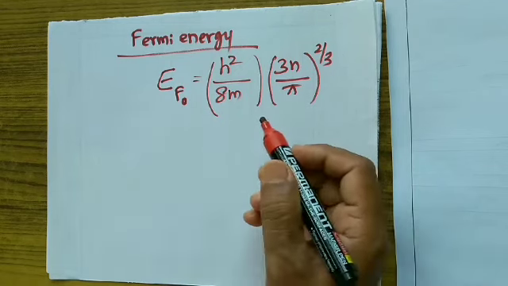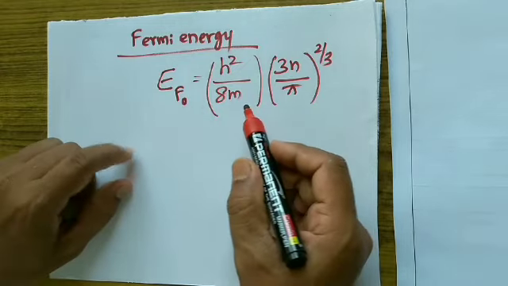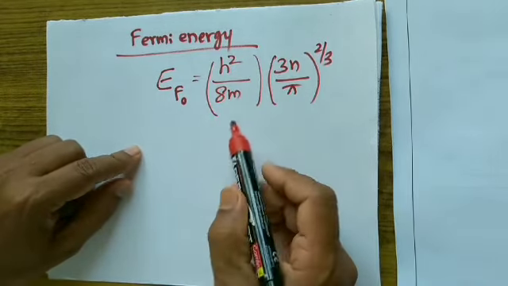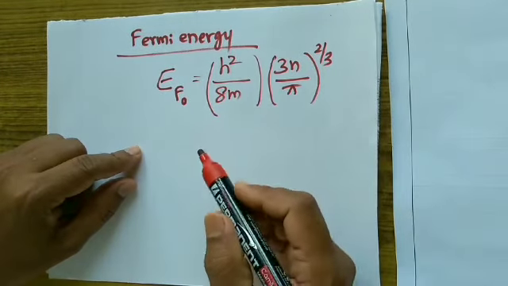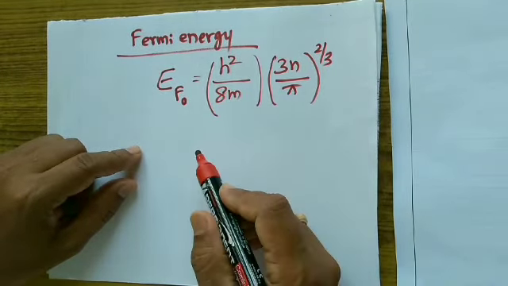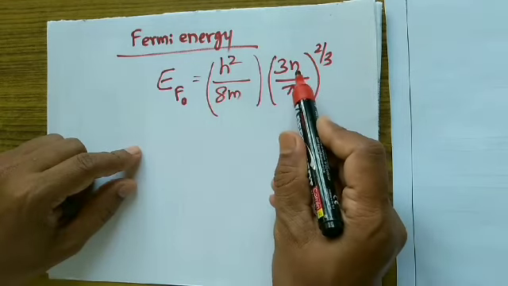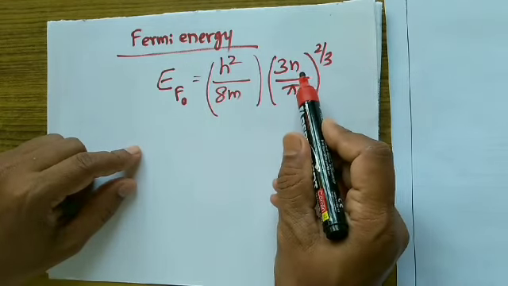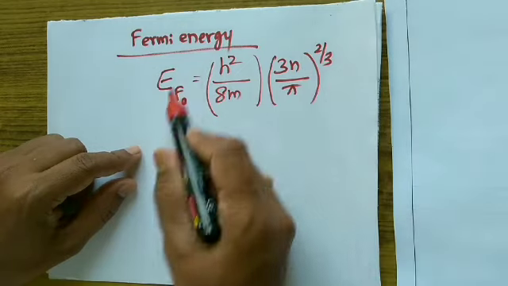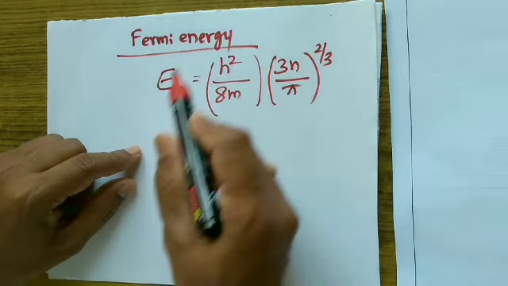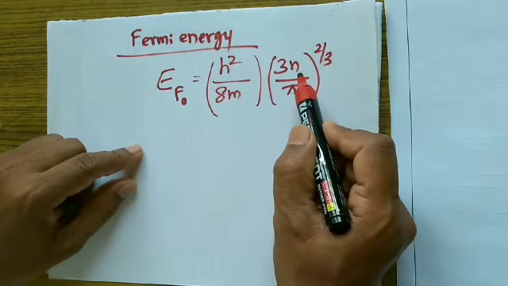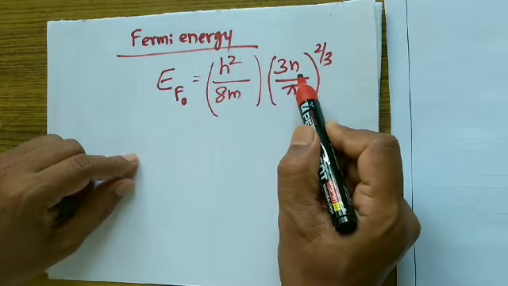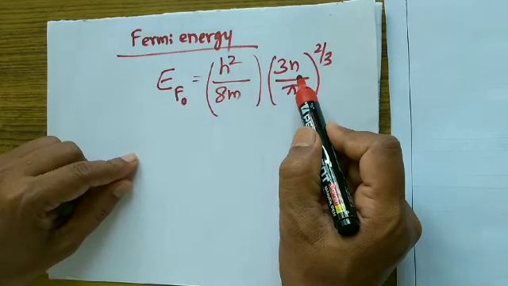Fermi energy at 0 degree Kelvin can be expressed using this relation. Here h is the Planck's constant, m is the mass of electron, n is the number of electrons per unit volume. This relation is establishing a relation between the Fermi energy and the free electron density in a given conductor.